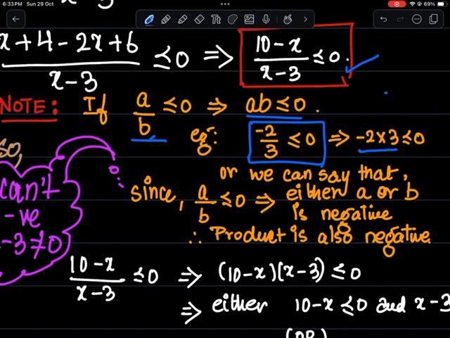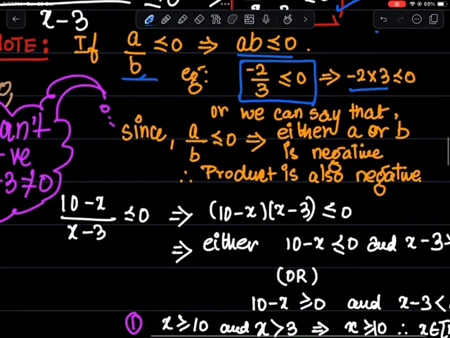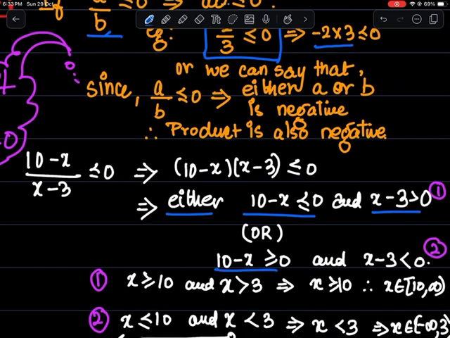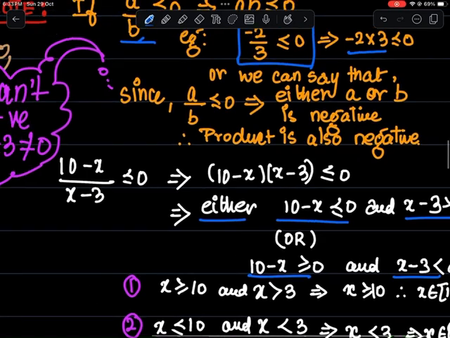That means x − 3 should not be equal to 0, and there we get the conclusion that x is not equal to 3. Now from this inequality we get that either 10 − x is less than or equal to 0 and x − 3 is greater than 0, or 10 − x is greater than or equal to 0 and x − 3 is less than 0.